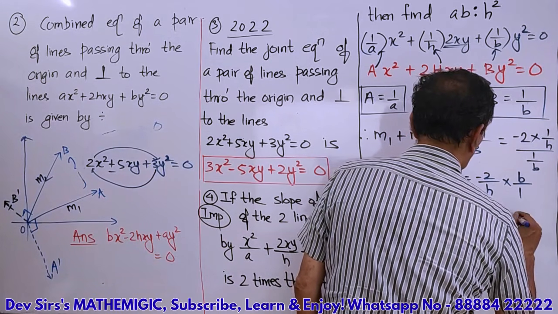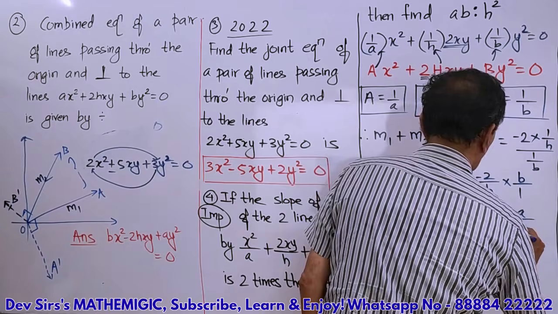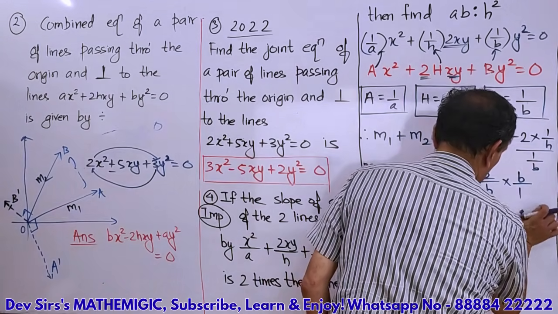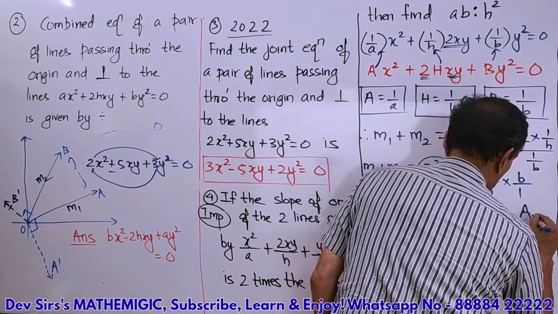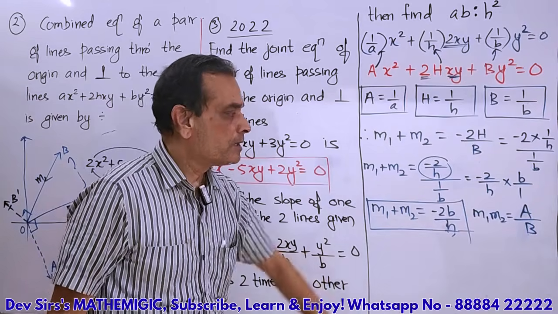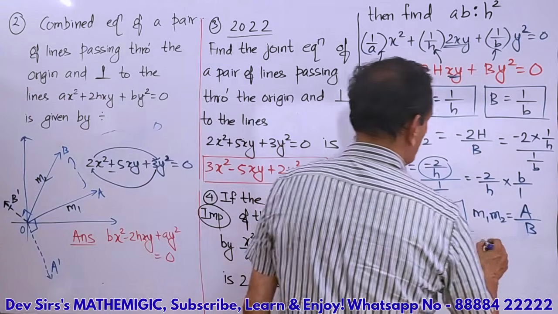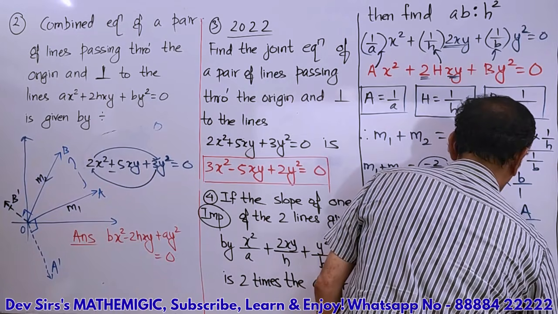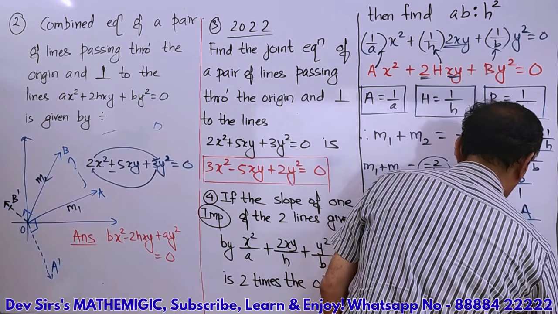Next, m1 into m2 is a upon b, but with capital letters, because we have used the capital letter formula. So A upon B means 1 upon a upon 1 upon b.